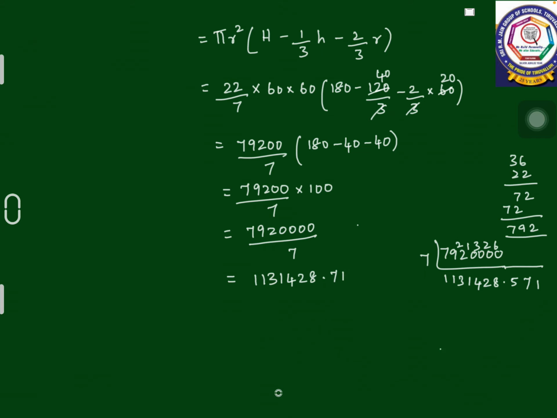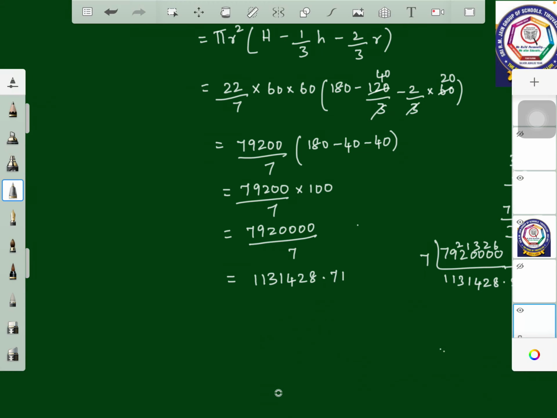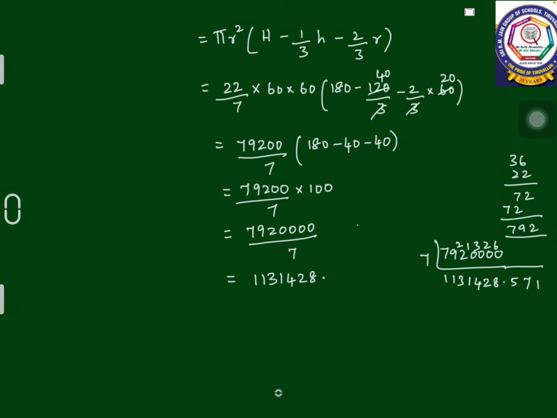Sorry, 11,31,428.57 centimeter cube. So this much volume of water is left in the cylinder.